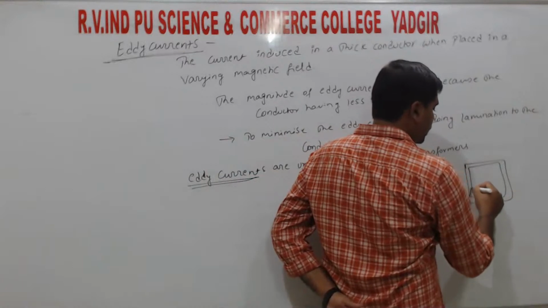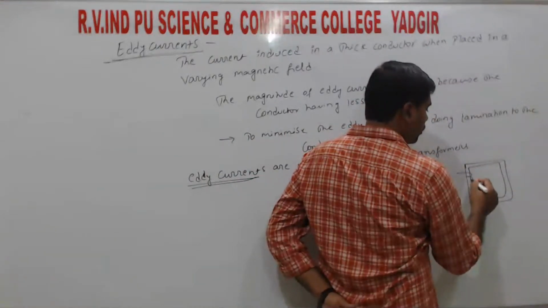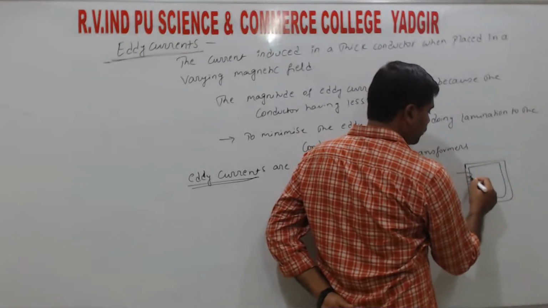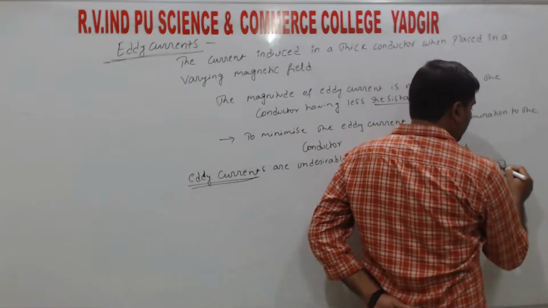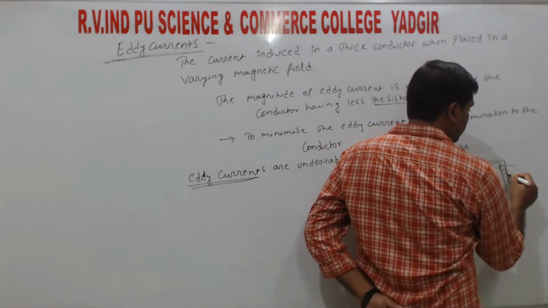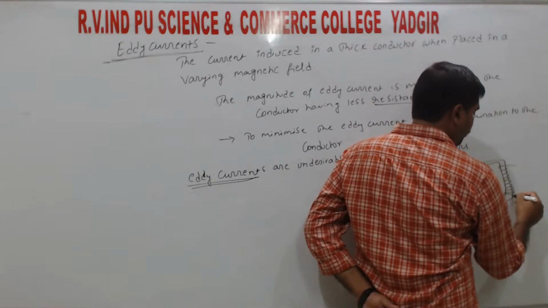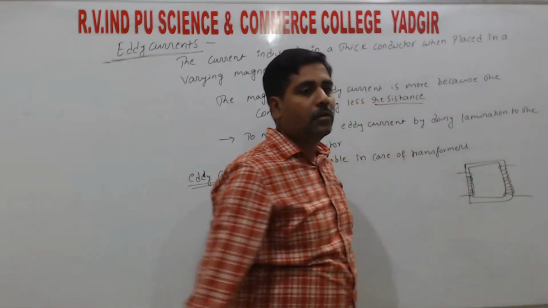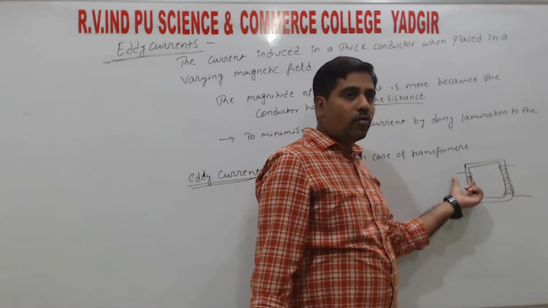which we discussed in the last chapter. This core is wound with coils. One is the primary coil and the second is the secondary coil, right? So on the iron core we wound the coils.